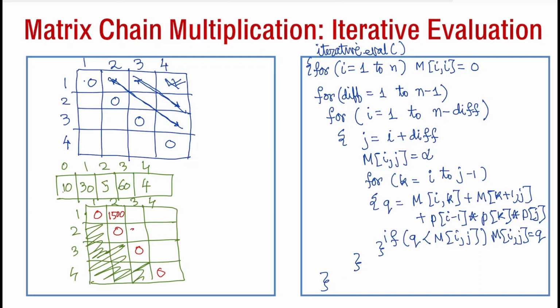Similarly, this will yield 9000. Similarly, this will yield 1200. Once we have these, now I am ready to compute M13, which will come from the minimum of these two sides plus the additional computation. This will come to 1800 like we saw, and this will come to 2900. And this is how you compute it.